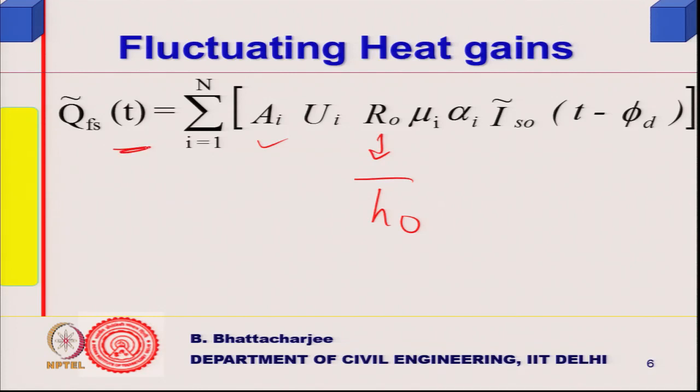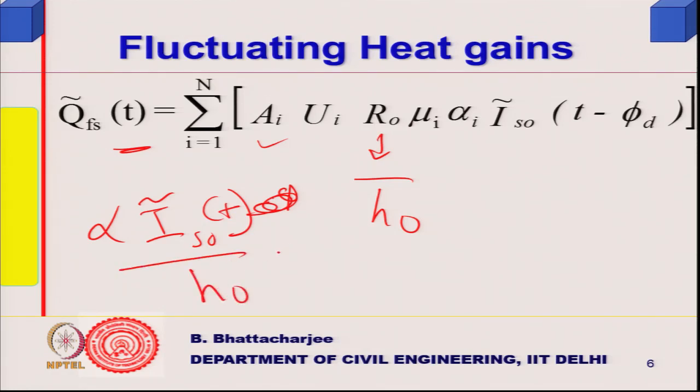AI, remember this is for the solar radiation falling onto the opaque body, and solar excess, if you recollect, was alpha I bar, which I am writing as solar radiation at time T minus phi, divided by H naught, that corresponds to excess temperature, right, multiplied by U A mu. Now, what is U A mu?